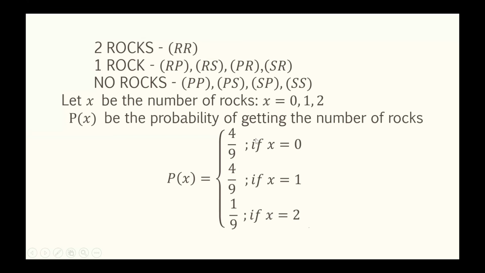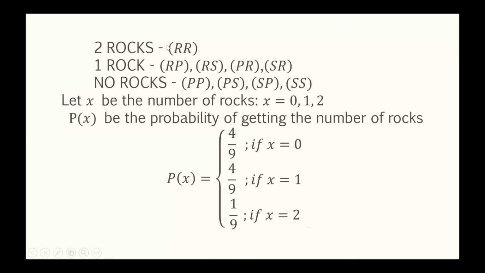So if the value of x, or the assigned values for the random variable in getting the number of rocks, is 0, then the probability is 4 over 9. If we have 1 rock, 1, 2, 3, 4, there are 4 out of 9. 9 is the total number of outcomes.